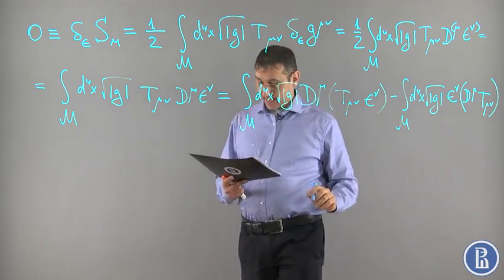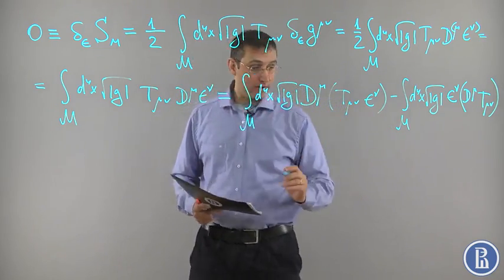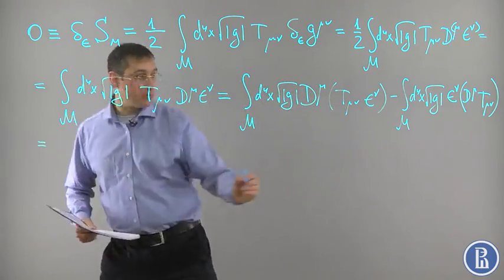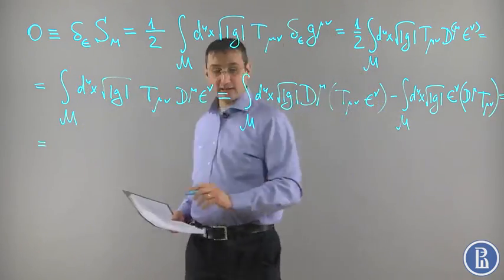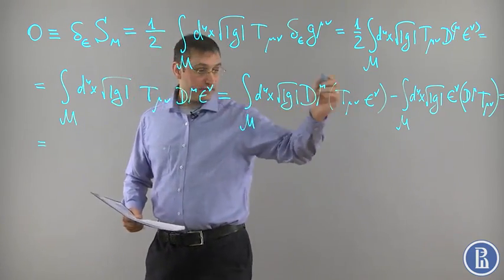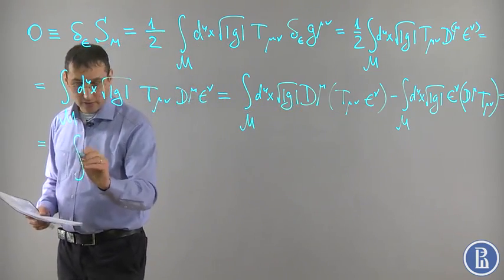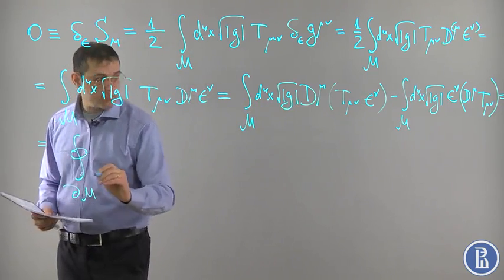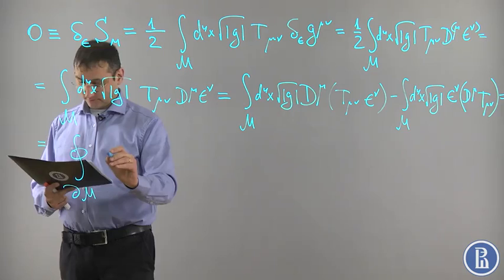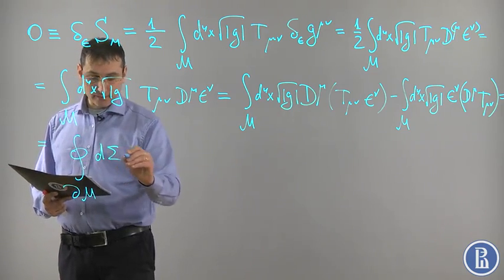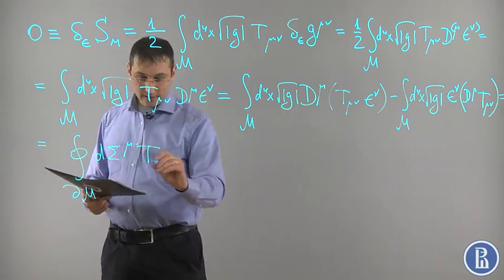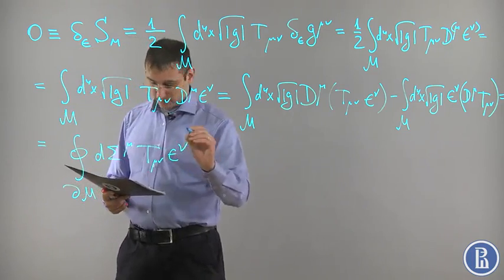This first term, being a total derivative, can be reduced to the integral over the boundary of the space-time manifold, d sigma mu t mu nu epsilon nu.